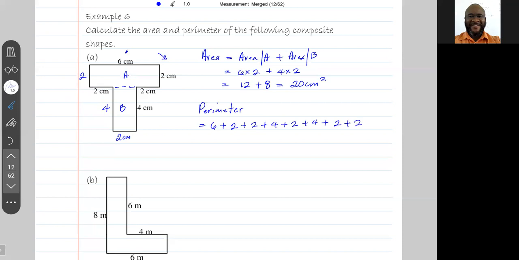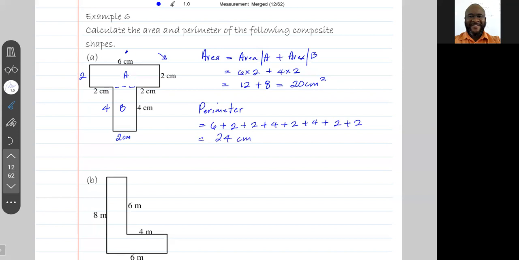All right, now I put a dot over the 6 to remind myself that that is where I start, and I must ensure that I don't add the 6 two times. So this is 10 and 10, 20, and 4, the perimeter is 24 centimeters.